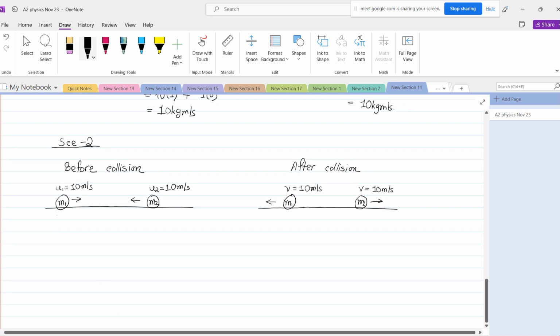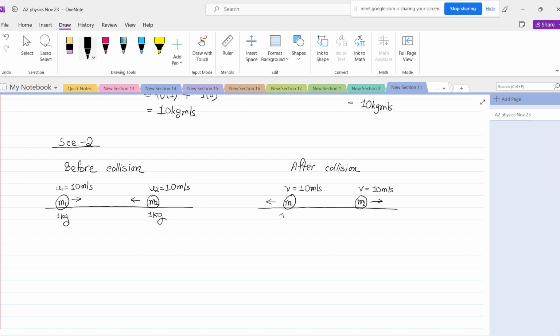Here the mass is again going to be 1 kg for all the particles.